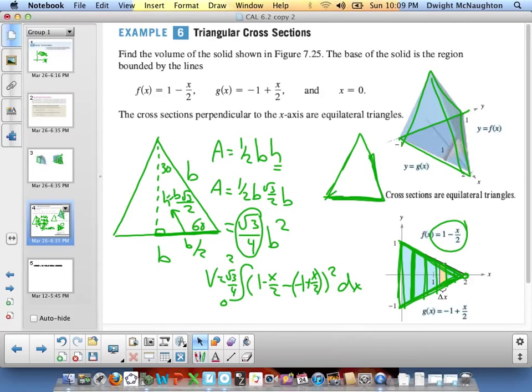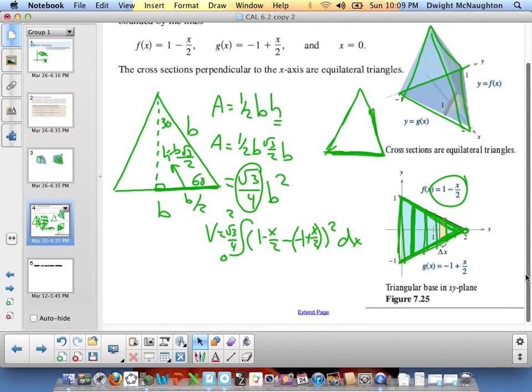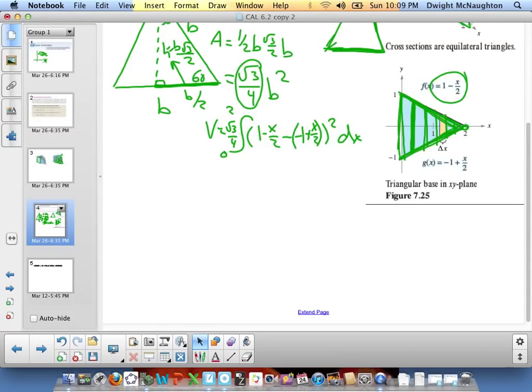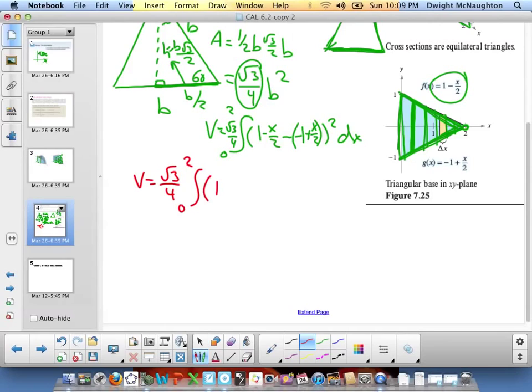Okay, and we can clean that up. We'll distribute the negative sign. We've got 1 minus x over 2, minus a negative is plus 1, minus a positive is minus x over 2, squared dx. Combine like terms.